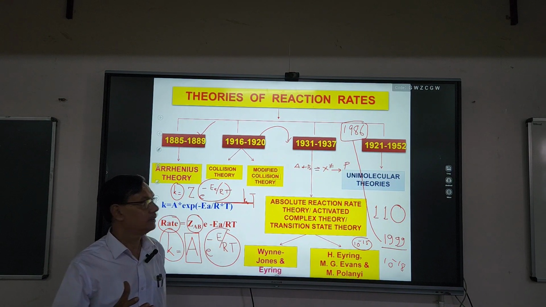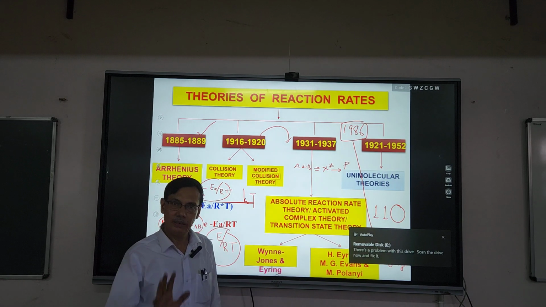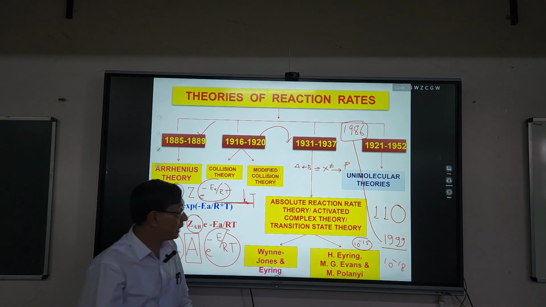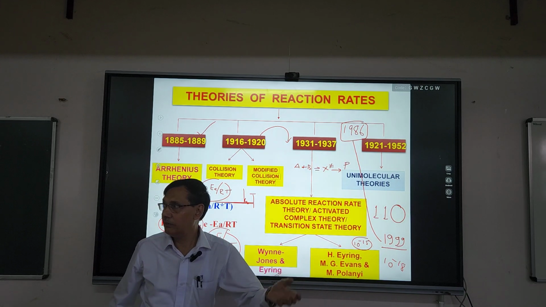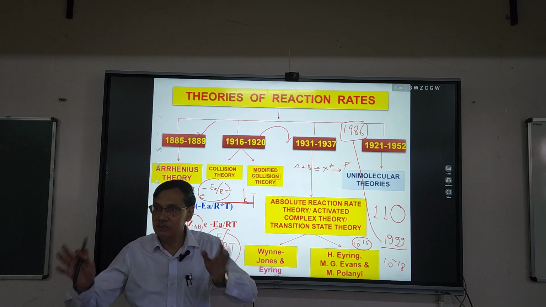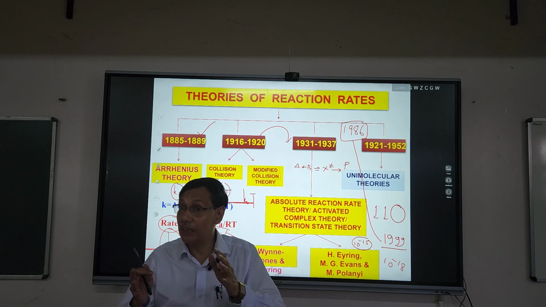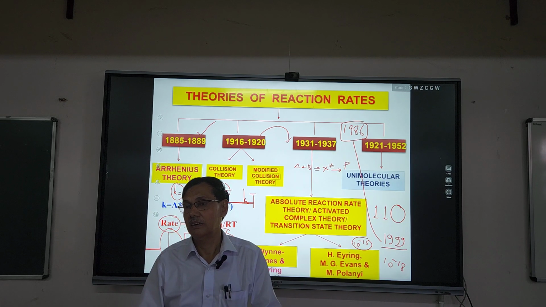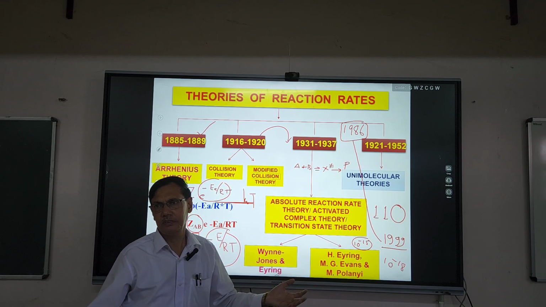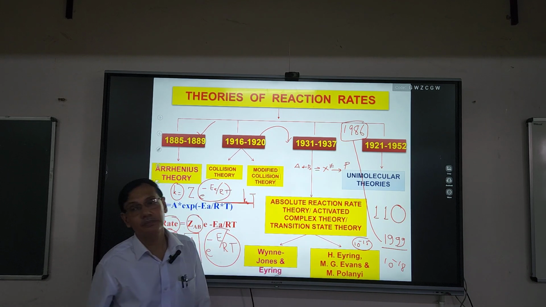Now sometimes students get confused regarding the derivation. Therefore I always request you to refer to some good books like Atkins or Levine or Albert Daniels, or even Chemical Kinetics by Laidler, because a large number of scientists worked on this, so there are two types of derivations.